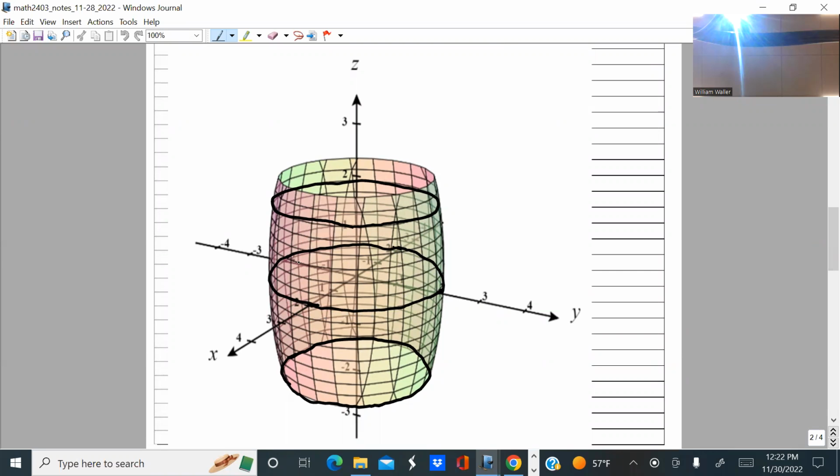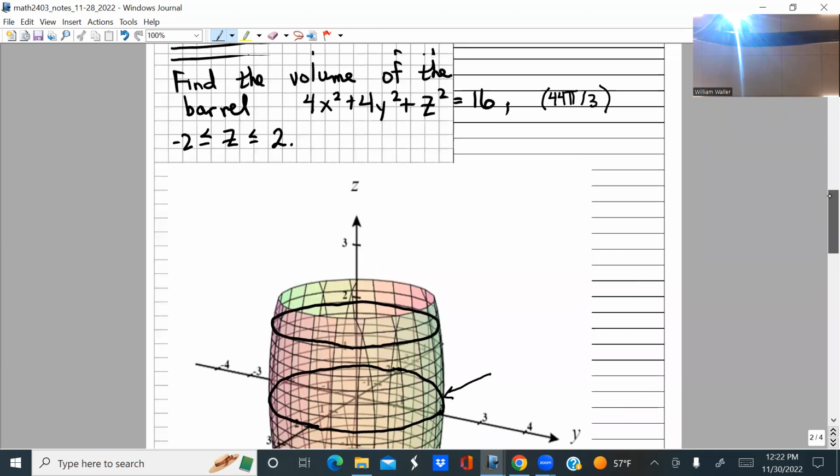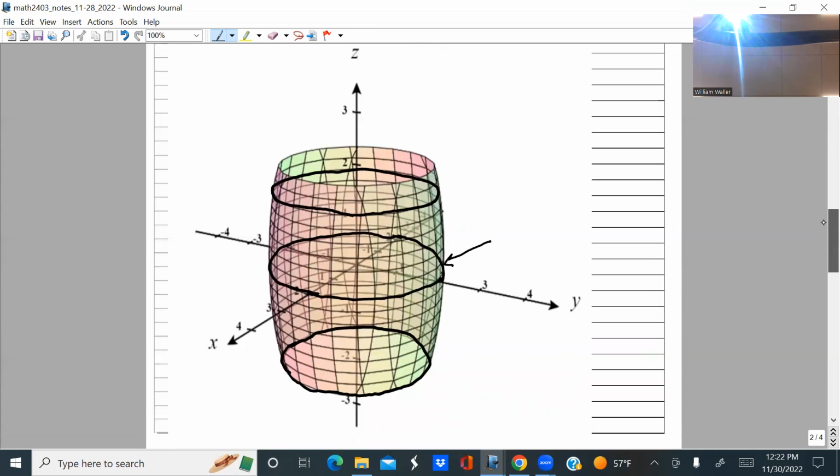How do you find that? Set z equal to 0. In your formula, just set z equal to 0.